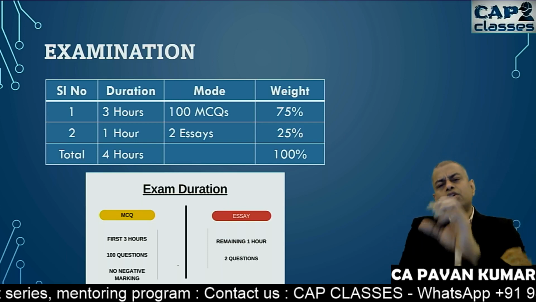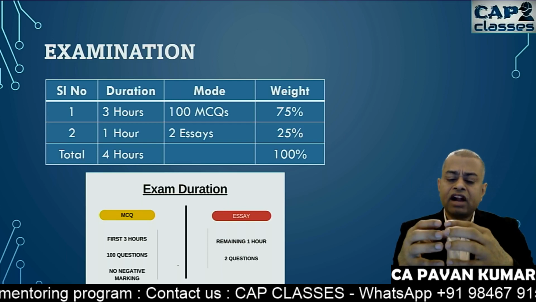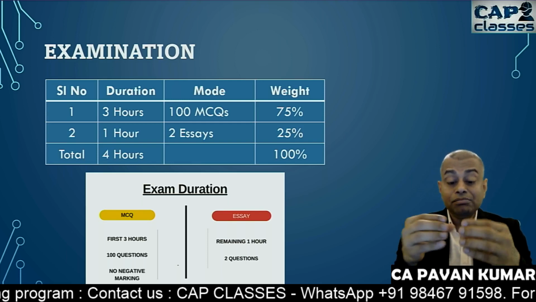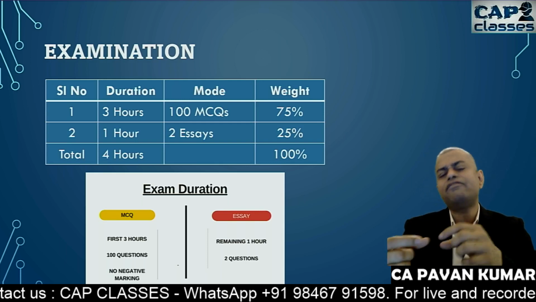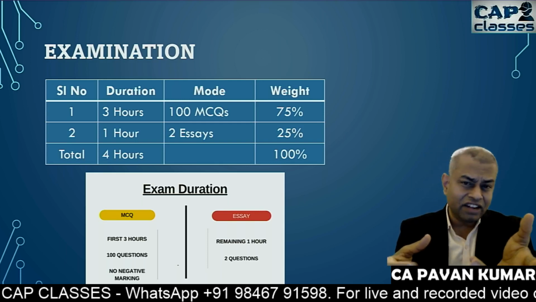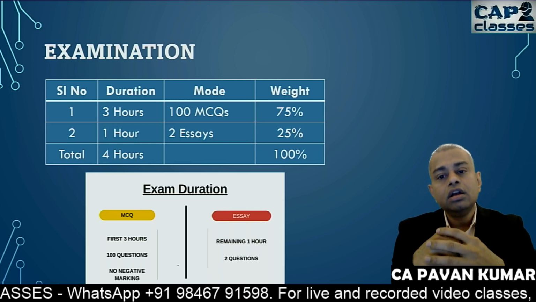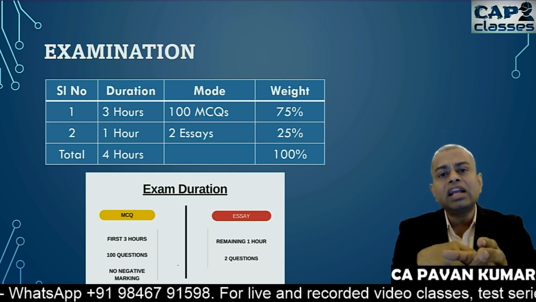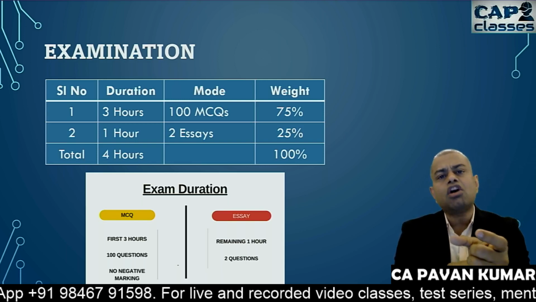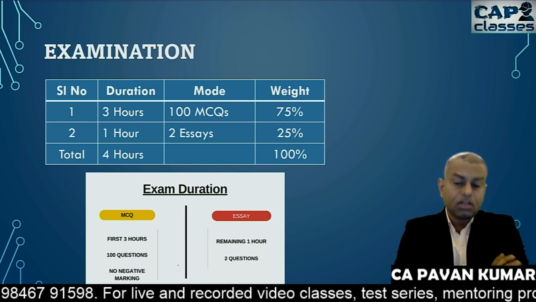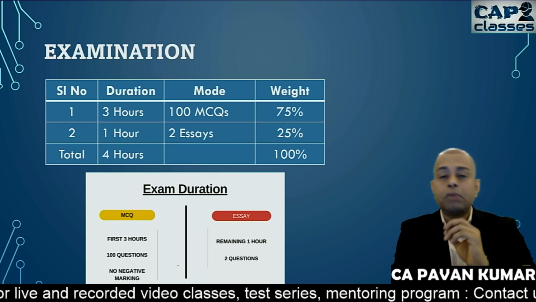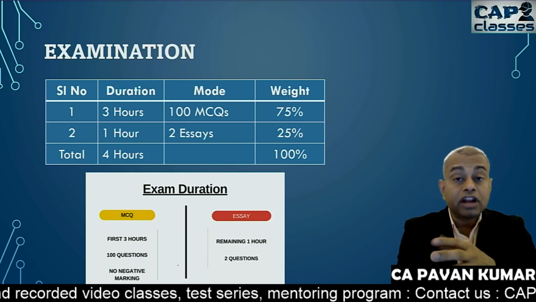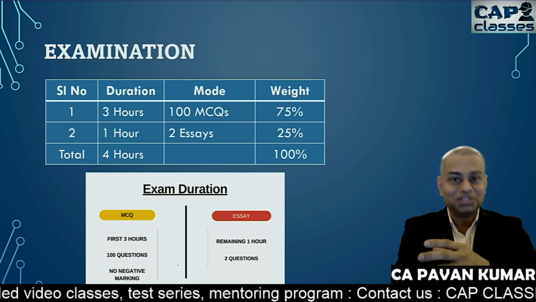That means out of 500 marks, MCQs will have 75%. So what is 75% of 500? It is 375, approximately. So each MCQ is on an average 4 marks. So if one MCQ is right, you will get 3 to 4 marks. Of course, if one MCQ is wrong, you lose 3 to 4 marks also.